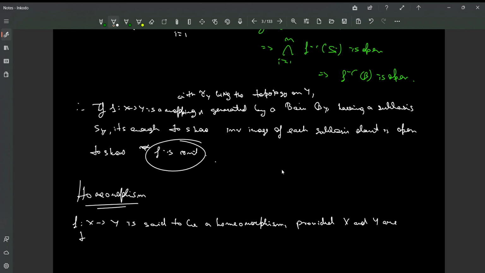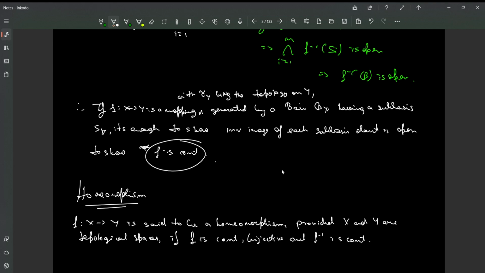provided X and Y are topological spaces. If f is continuous, bijective, and f inverse is continuous as well.